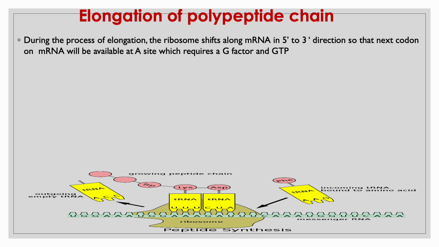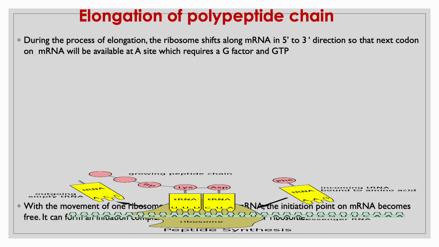During the process of elongation, the ribosome shifts along mRNA in 5' to 3' direction so that the next codon on mRNA will be available at the A site, which requires a G factor and GTP.